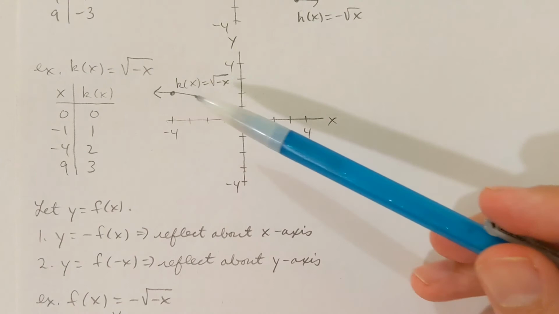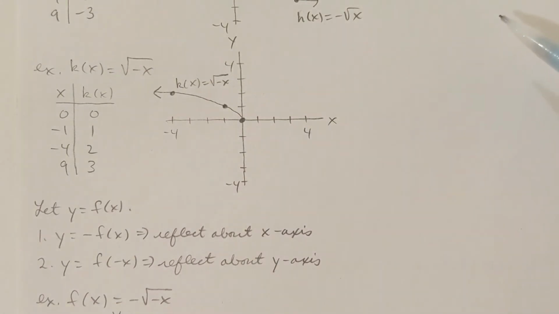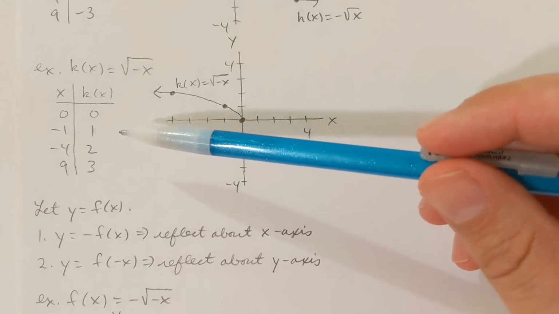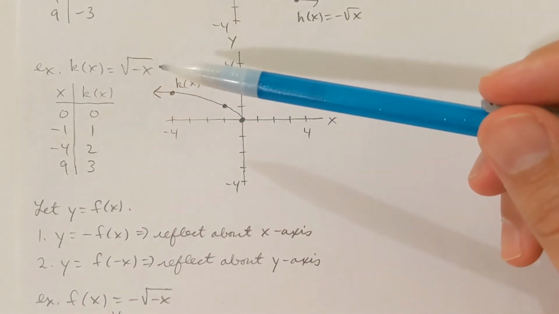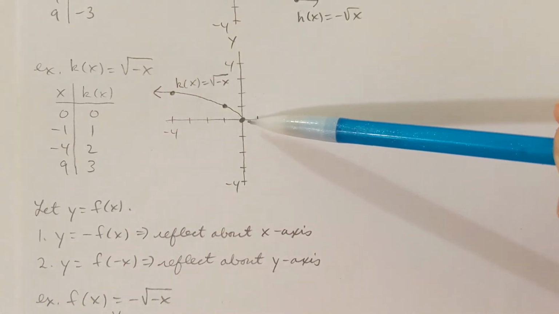Suppose we have k of x equals the square root of -x. Well, let's see here. The domain would be all non-positive numbers. So if I let x be 0, that's okay. I get 0 as the answer.